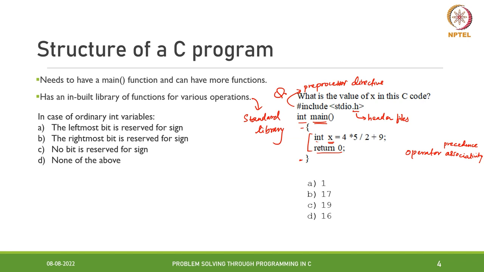But in C, you have a lot of operators which do a lot of jobs. Like you have logical operators, and you also have relational operators. There are lots of operators, so we should know exactly which operator operates first and which operates after that. So there is a detailed table for the operator precedence and the associativity, and I will touch upon that later on.